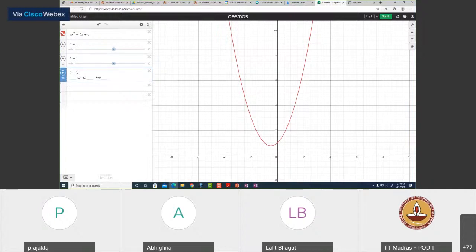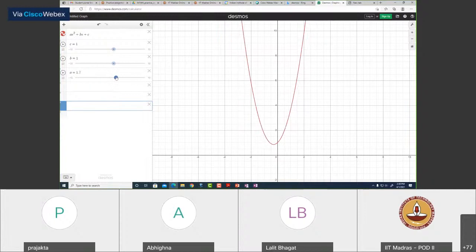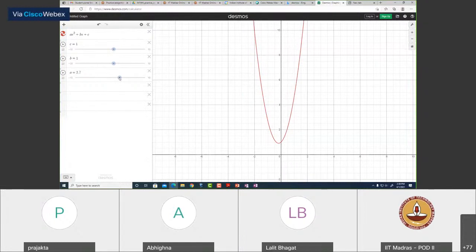So if we are putting a equals 0, it's a straight line, right? But if we are putting a equals 1, then it's a parabola. If we are increasing the a value, then the inner area of the parabola, this portion, is becoming thinner and thinner.